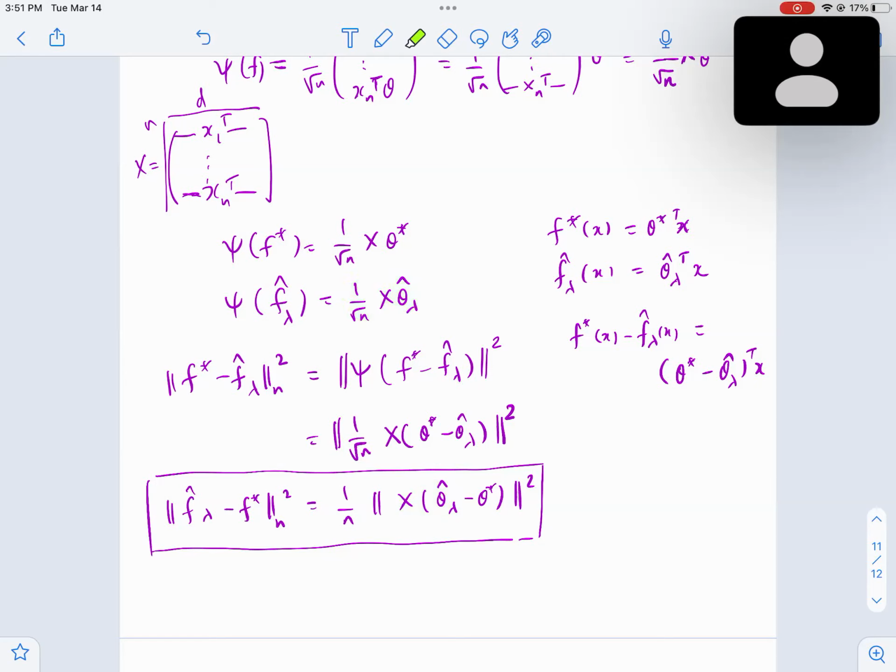If you've seen the usual statistics, this has a name without the 1 over root n. In regression terminology, x theta hat lambda, what do you call this?